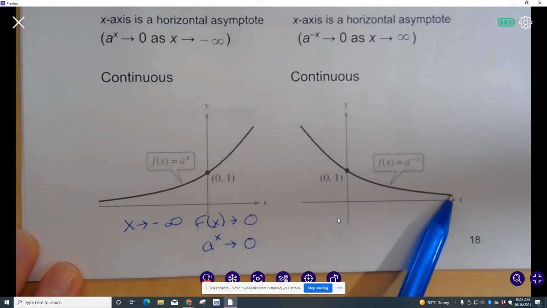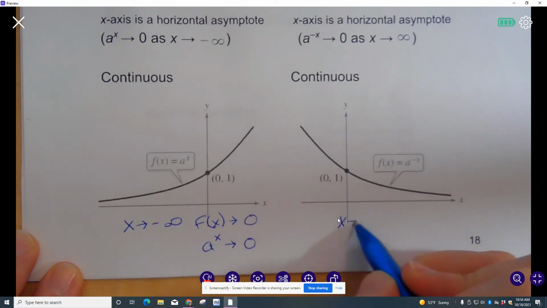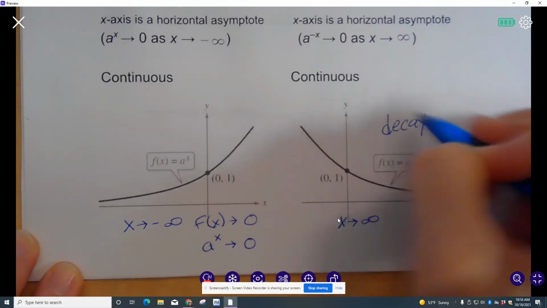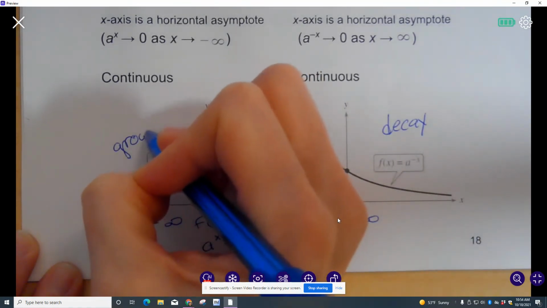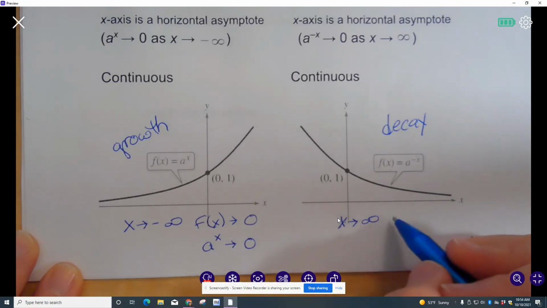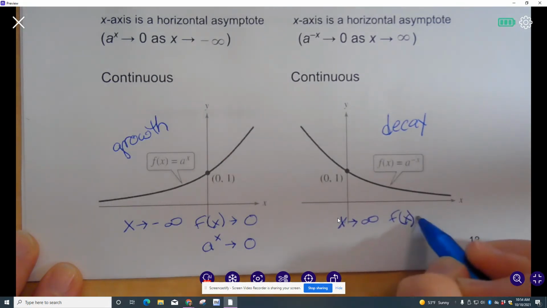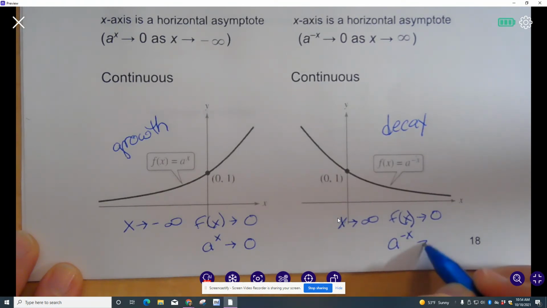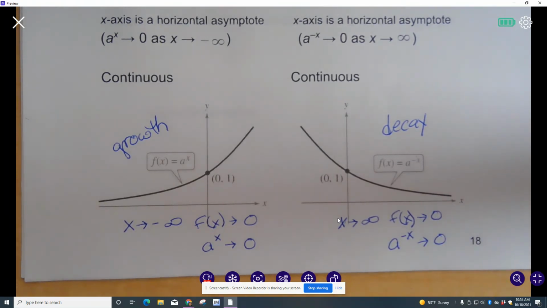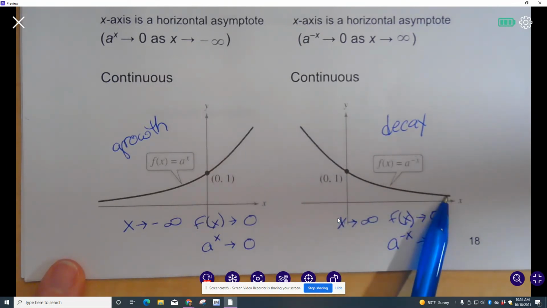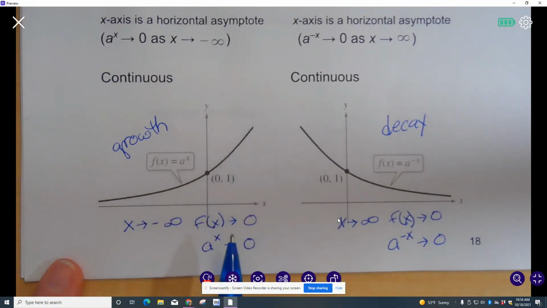Over here, as x approaches positive infinity, this one is decay, this one is growth. So here, as x gets bigger and bigger, that's when my function approaches 0, or a to the negative x approaches 0. So decay is down and to the right, growth is up and to the right.